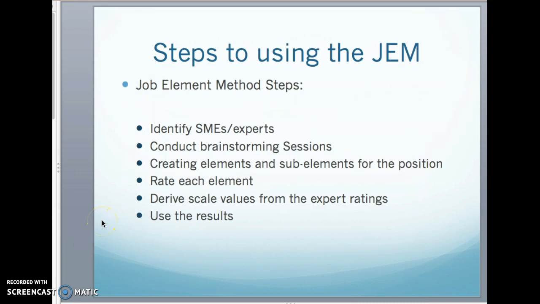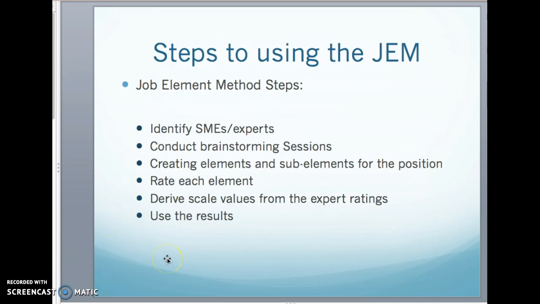Once you have this information, then you can apply the job element method results to the actual position, identifying the different areas in which the person who's applying for the job needs to have these certain attributes.